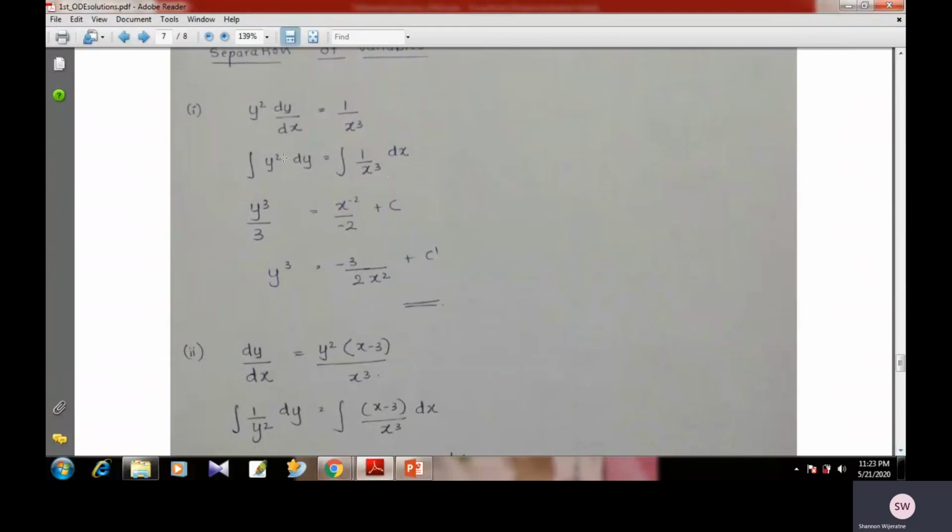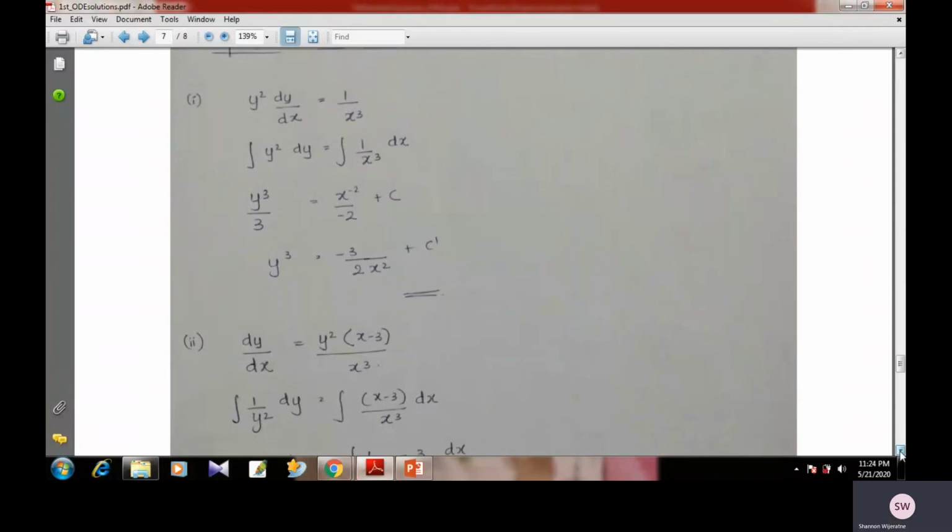If we integrate the left hand side, we get y to the power 3 over 3, and on the right hand side we have x to the power minus 2 over minus 2 plus c. So this is the solution of the differential equation.